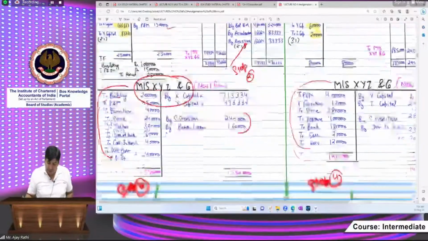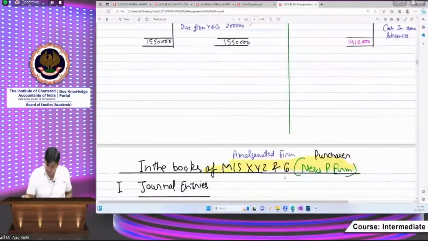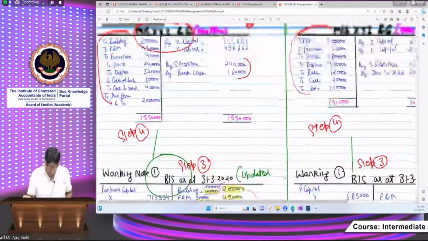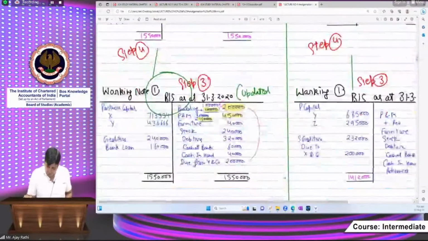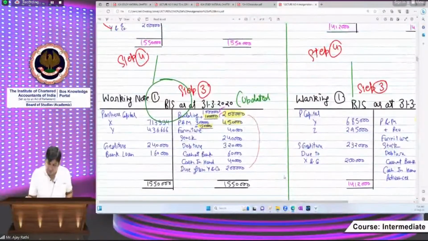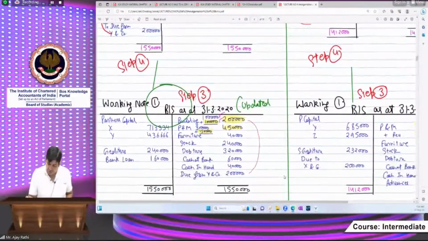Anyways, now we have prepared the working note. Okay. Anyways, now after that we shall be transferring here the capital with the updated figure. Okay, beta, that is inclusive of such revaluation profit. So we have completed our steps. Step number 1, revaluation. Step number 2, distribute all reserve and surplus.